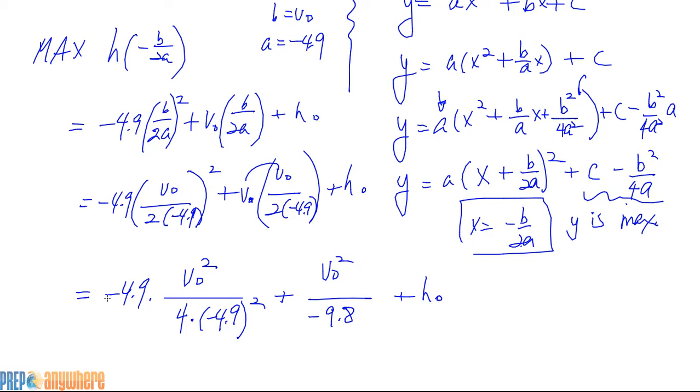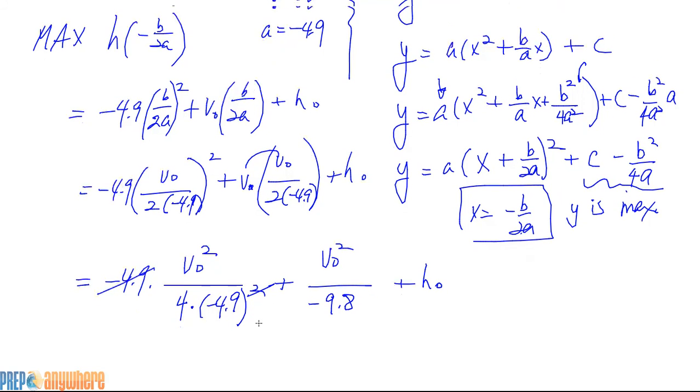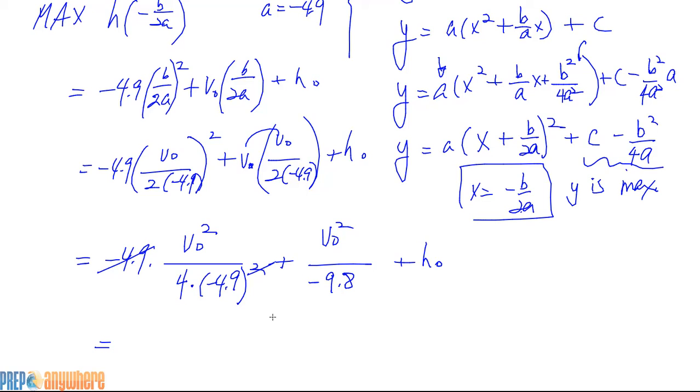Here you can reduce that with one of these. We get v0 squared, 4.9 times 4, minus 19.6, which is exactly double of 9.8.